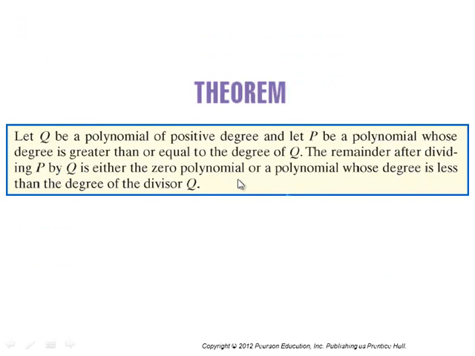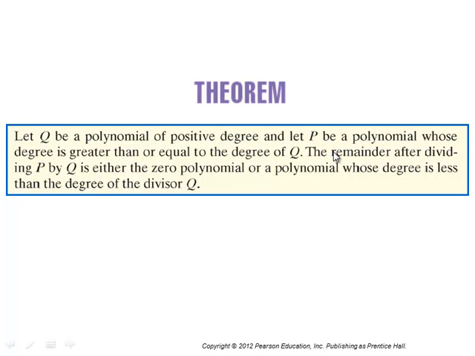Take a look at this theorem. So suppose that we've got a polynomial, call it Q, of a positive degree, so not a 0 degree, but a positive degree, 1 or greater, and let capital P be a polynomial whose degree is greater than or equal to the degree of Q. So P is the bigger polynomial, Q is the smaller polynomial.